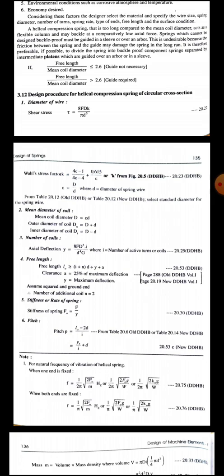Fourth is the free length. Free length L0 should be greater than or equal to I plus N into d plus Y plus A, where A is 25% of maximum deflection and Y is the maximum deflection. Assuming square and ground ends, the number of additional coils N is 2.